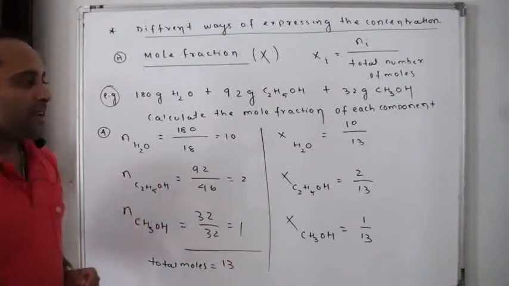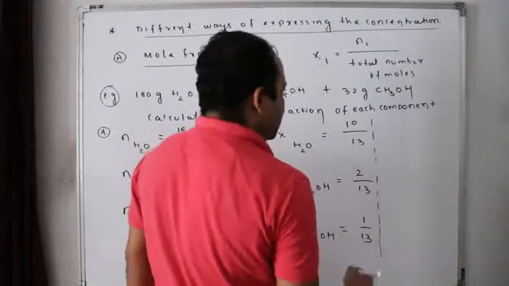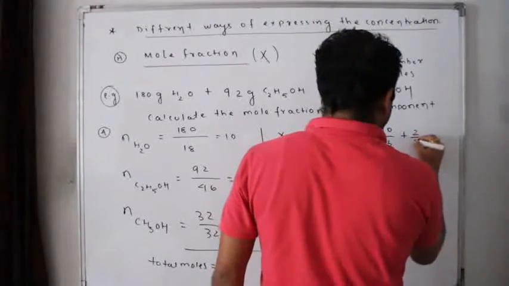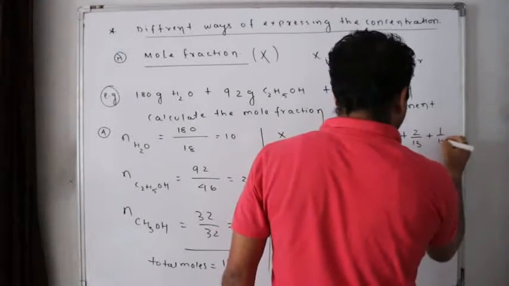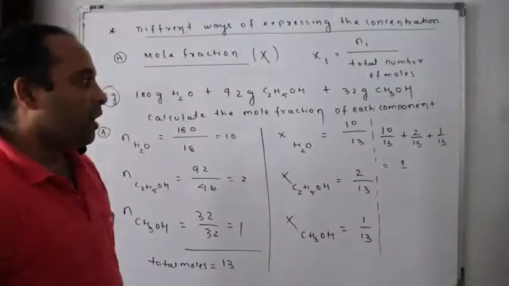Okay, now, do you find one concept here? Did you find that 10 by 13 plus 2 by 13 plus 1 by 13 is equal to 1? So what do you learn from that?